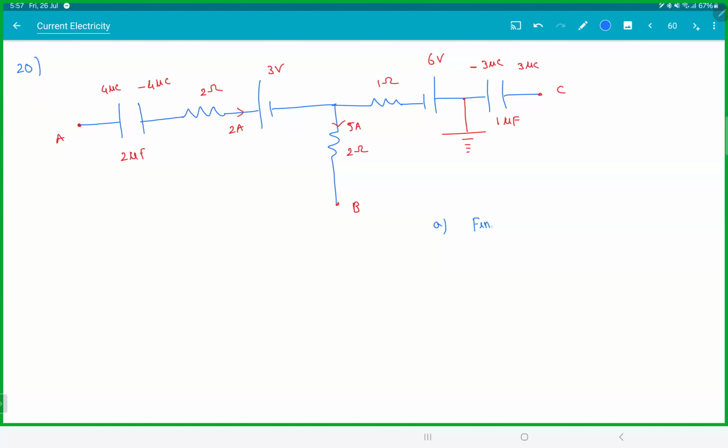First thing, find VA, VB, VC. If you find these 3, job done, you get everything. There, capacitor, you have the battery, resistor, everything.